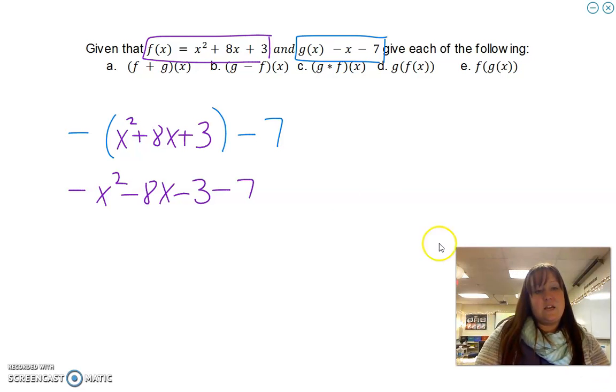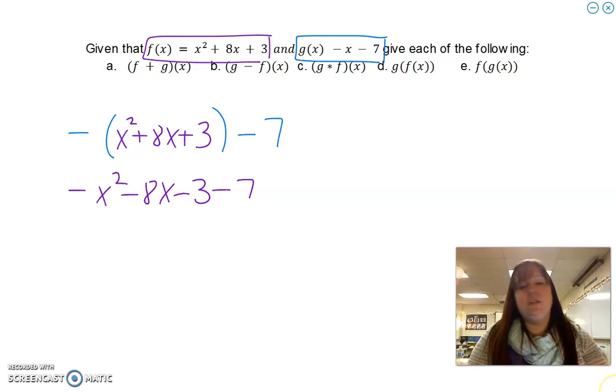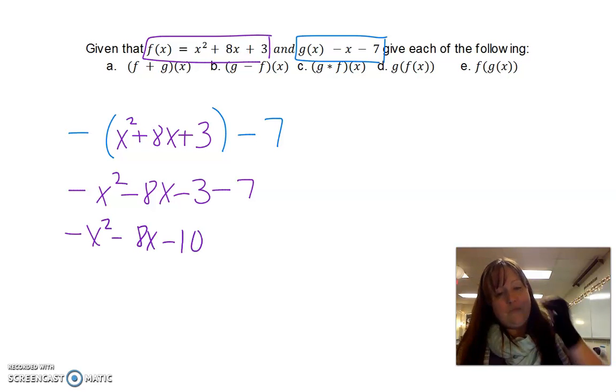Because see this negative sign outside, this means we're multiplying by negative 1, right? So it's no different than if it was negative 2 or negative 5, and it distributes to each of them. So the negative sign distributes to each of them, and we end up with negative x squared minus 8x minus 10.